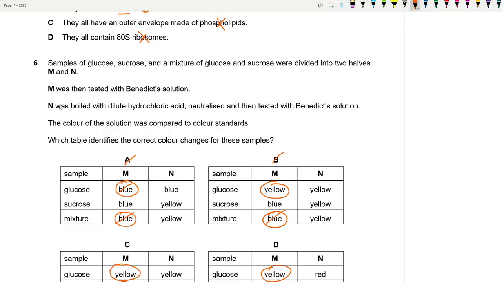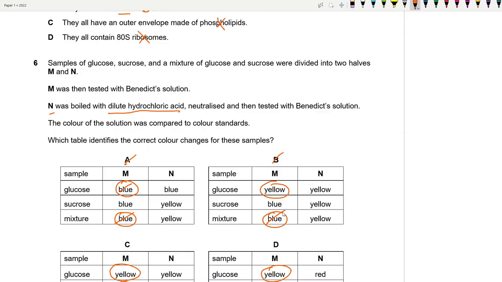Now in N, basically what happened was we've boiled it with dilute HCl, so we've actually hydrolyzed the sucrose. Sucrose is made up of glucose and fructose. So all of them are reducing sugars right now.